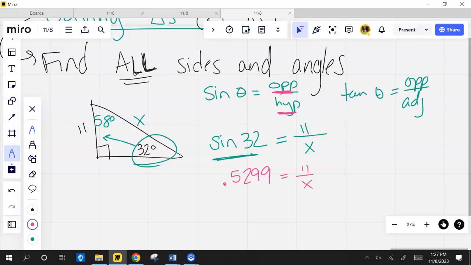Can you solve that for x now? You could do 11 divided by the sine of 32.